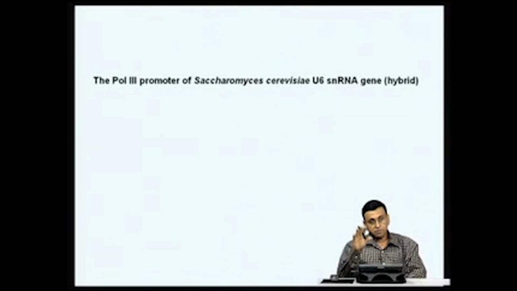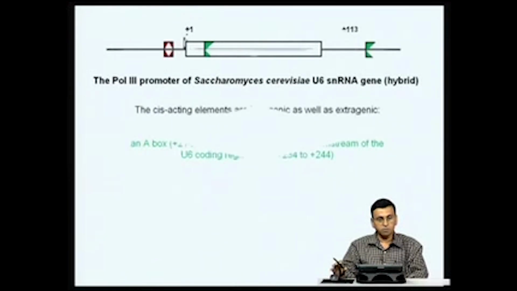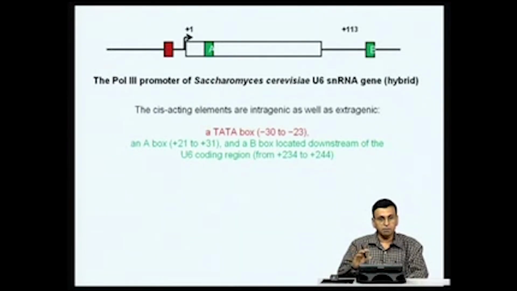So, although I have described these 3 basic types of Pol III promoters, there are always variations, there are always exceptions to this rule. For example, in the case of Saccharomyces cerevisiae, the U6 snRNA gene promoter consists of cis-acting elements which are both extragenic as well as intragenic.